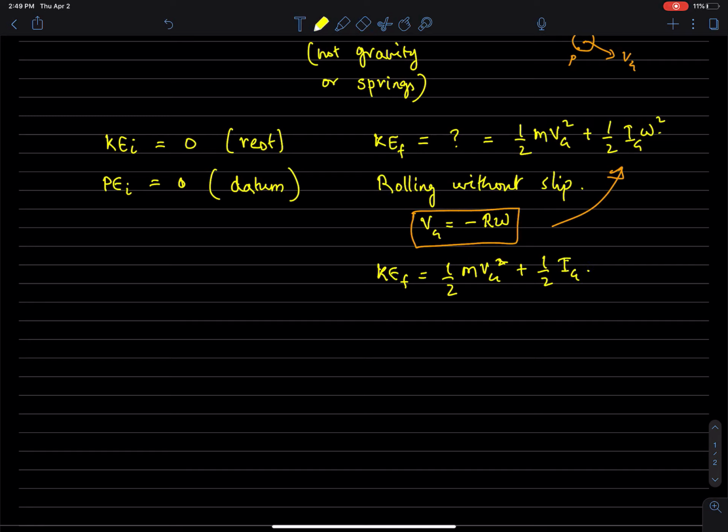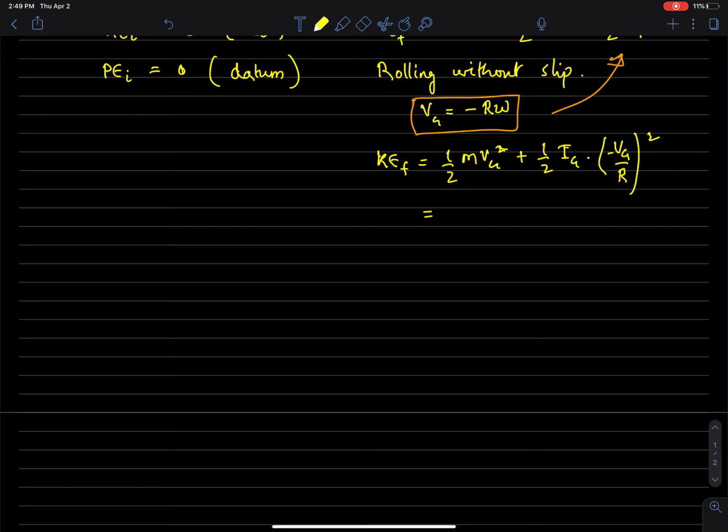Instead of omega square, we can say vG over r square. And if you simplify it a little bit, you get half vG square times m plus Ig over r square. Okay, so that's KE final.